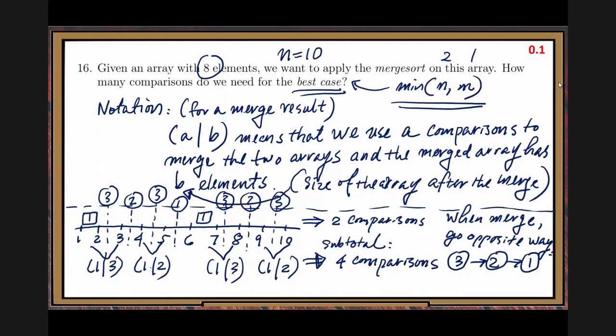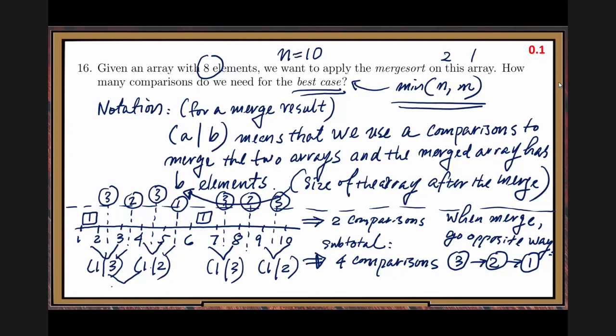Now against round 2, merge these two. This time we need to look at the array size. That's why you can see the array size number is useful. 3 and 2. You need to look at the 3 number and the 2 number. Minimum is 2. Total size adding together 5.